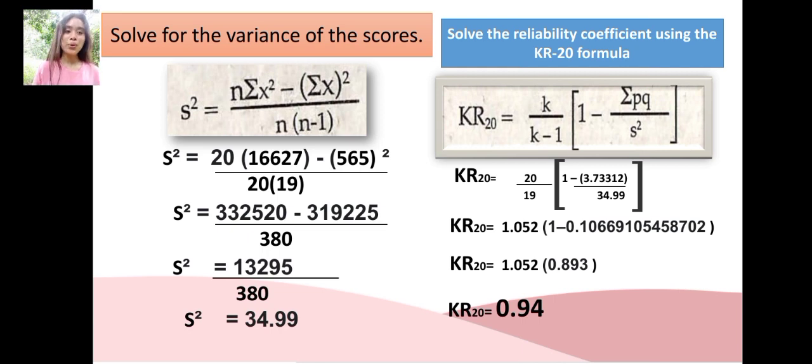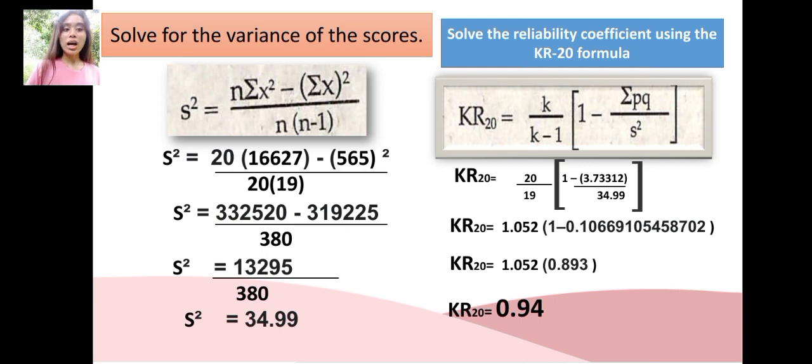So bring down lang nato 1.052. Then we subtract 1 minus 0.10669105458702, which is equal to 0.893.